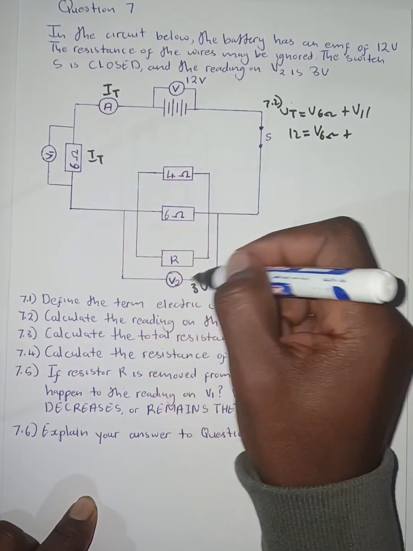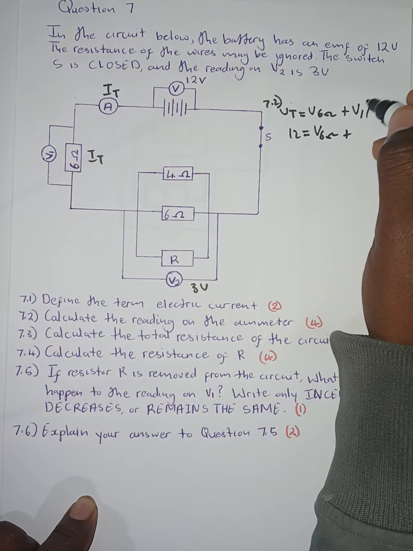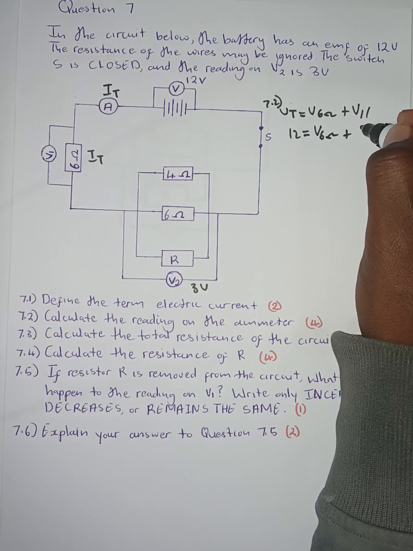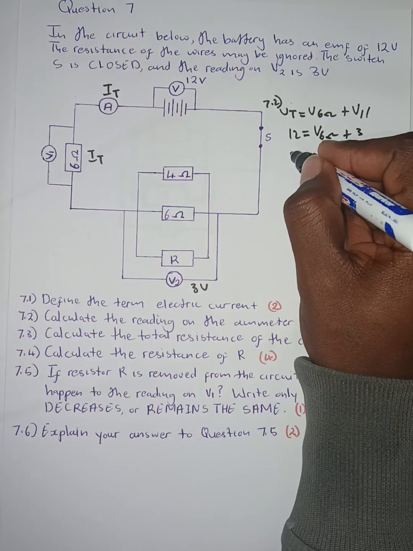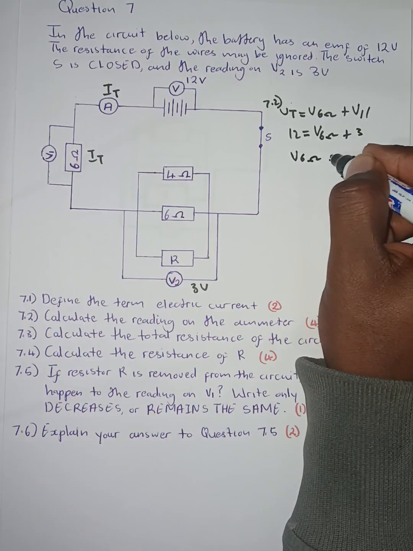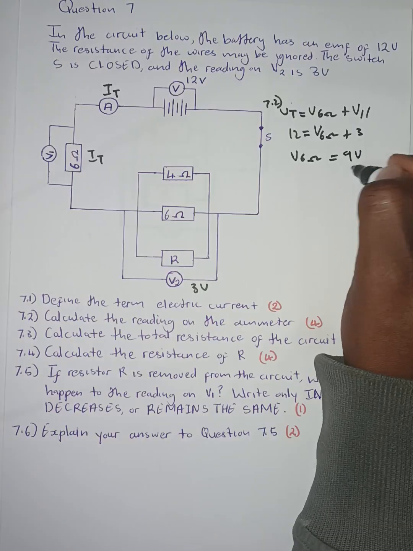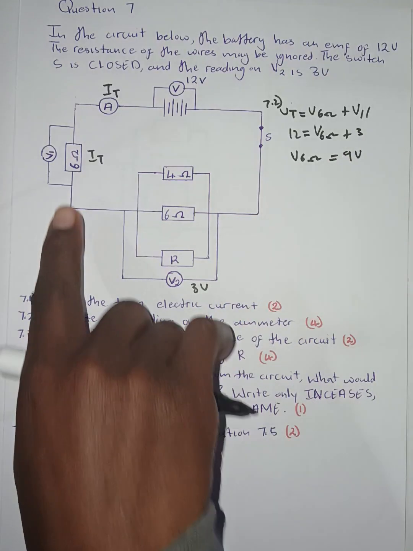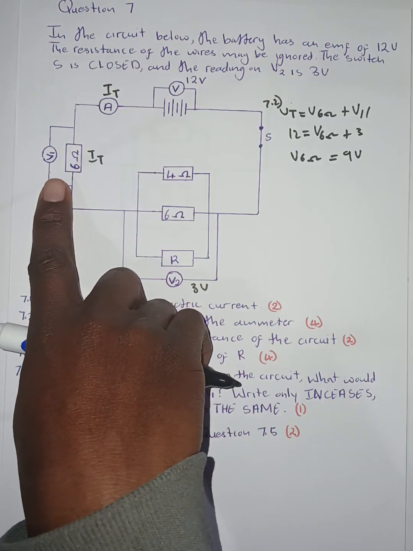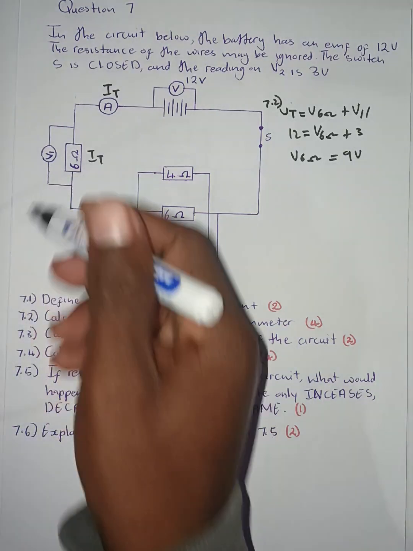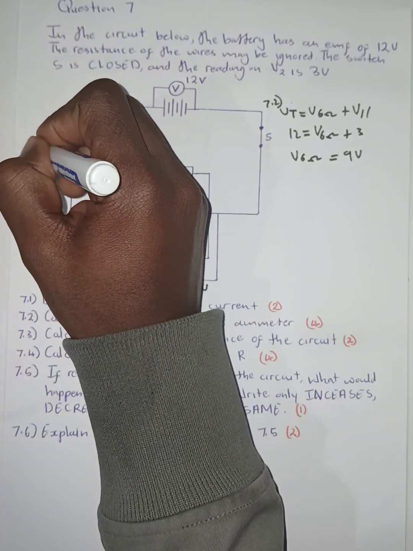So V 6 ohm would be equal to 12 minus 3, which is 9 volts. So this 9 volts is the voltage used by that 6 ohm resistor.